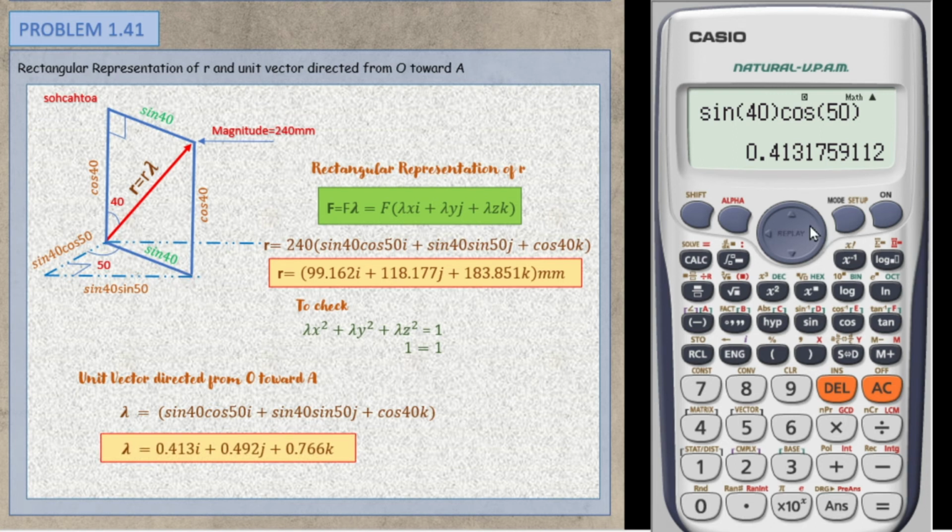Then sine 40 sine 50 is 0.492, and cosine 40. So our unit vector will be 0.413i plus 0.492j plus 0.766k. Now we have solved problem 1.41, so we already have our answer.